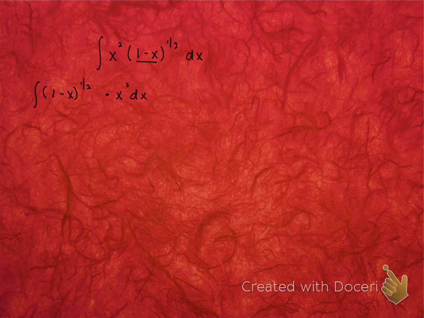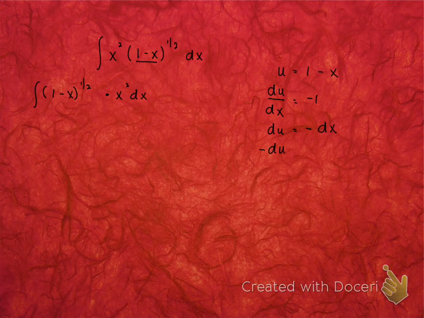So we're going to come over here and say u is 1 minus x. The derivative of u with respect to x is -1. So du is equal to negative dx. Okay, well, we're going to get rid of the negative just so we have a dx by itself.